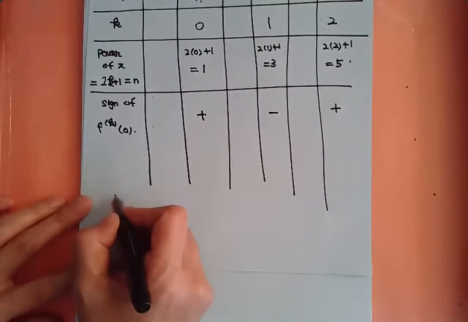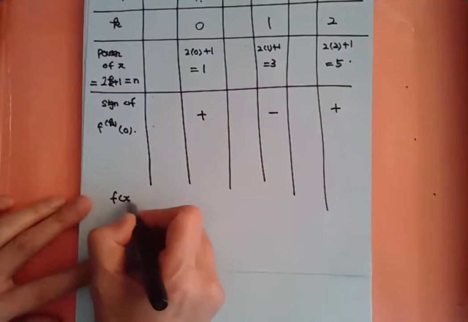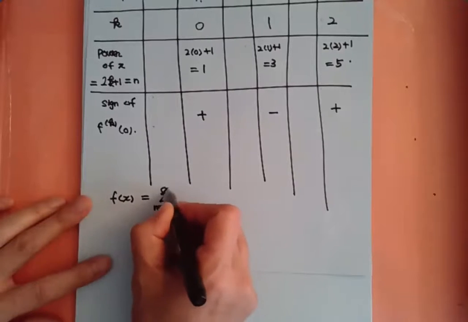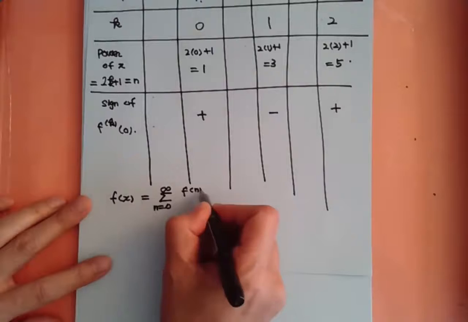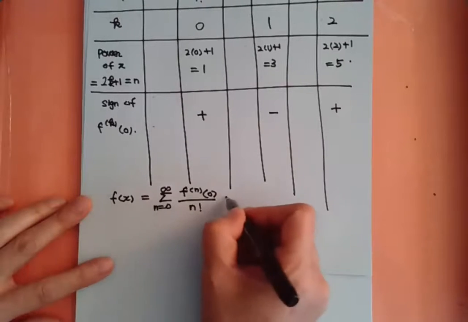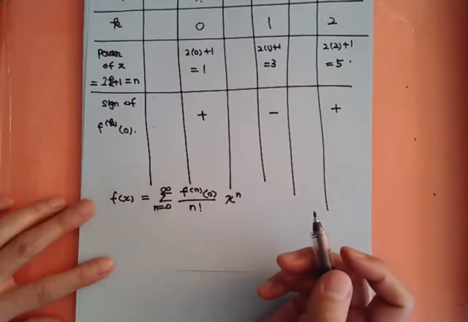So f of x equals the summation n equals 0 to infinity, nth derivative of f at 0 over n factorial x to the n power.